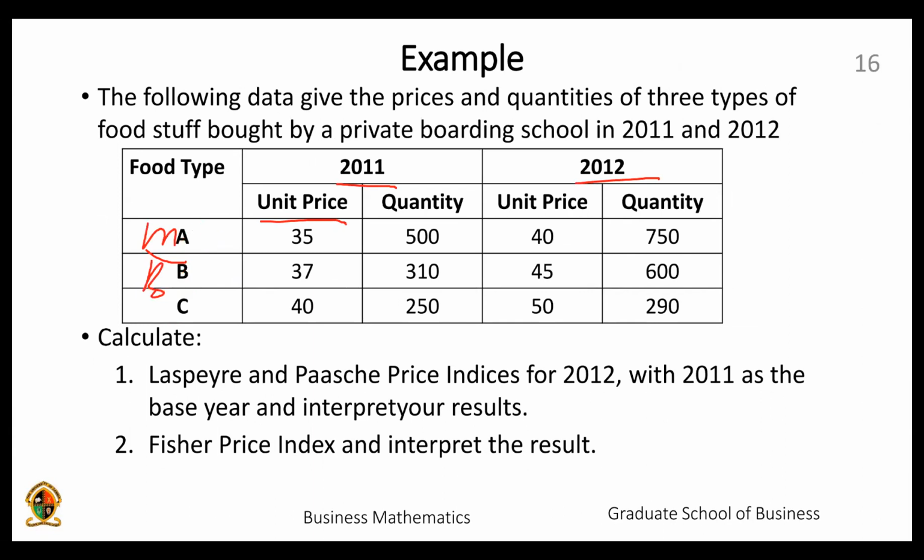In 2012, the same good has its quantity and unit price. So the question is, can you calculate the last year's, the per share, and the Fisher's index? Then you interpret the results.